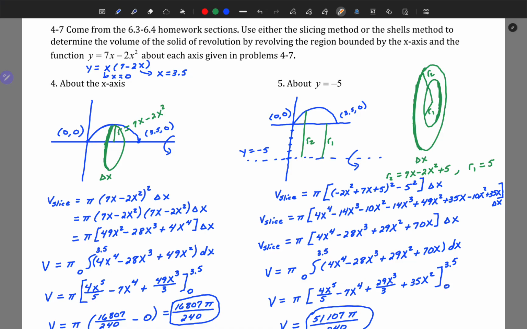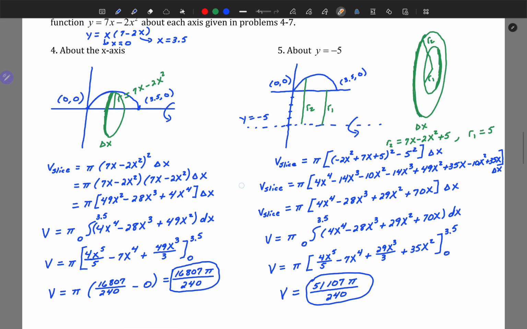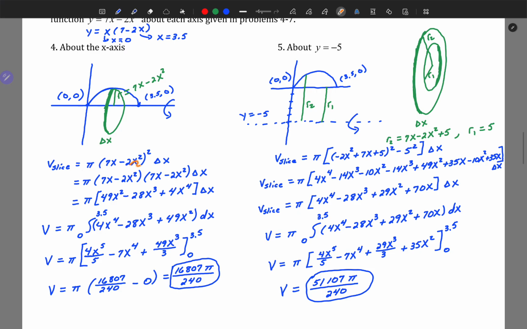The radius of each slice of revolution is going to be 7x minus 2x squared. So then I can say the volume of each slice is pi r squared times its thickness, which is a change in x. Each slice arbitrarily has delta x thickness.